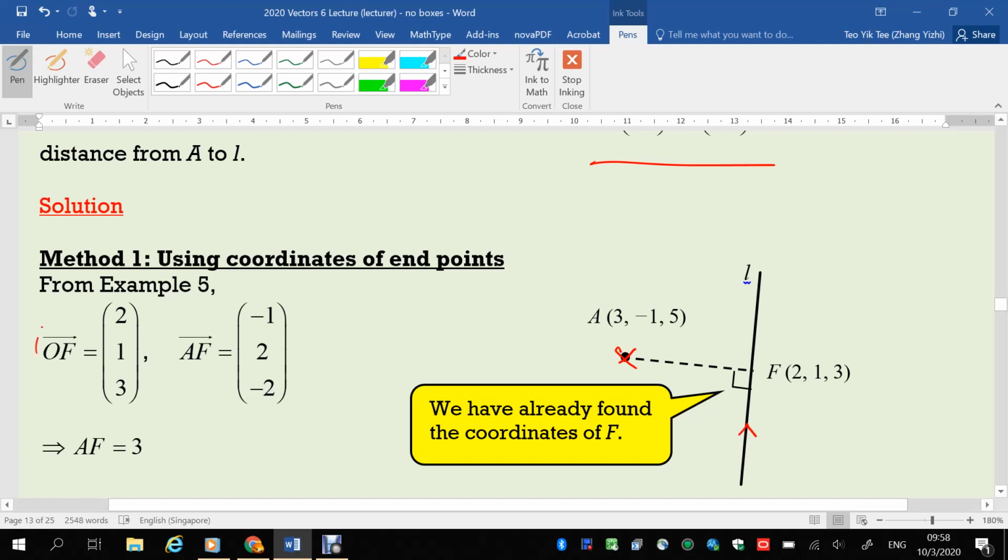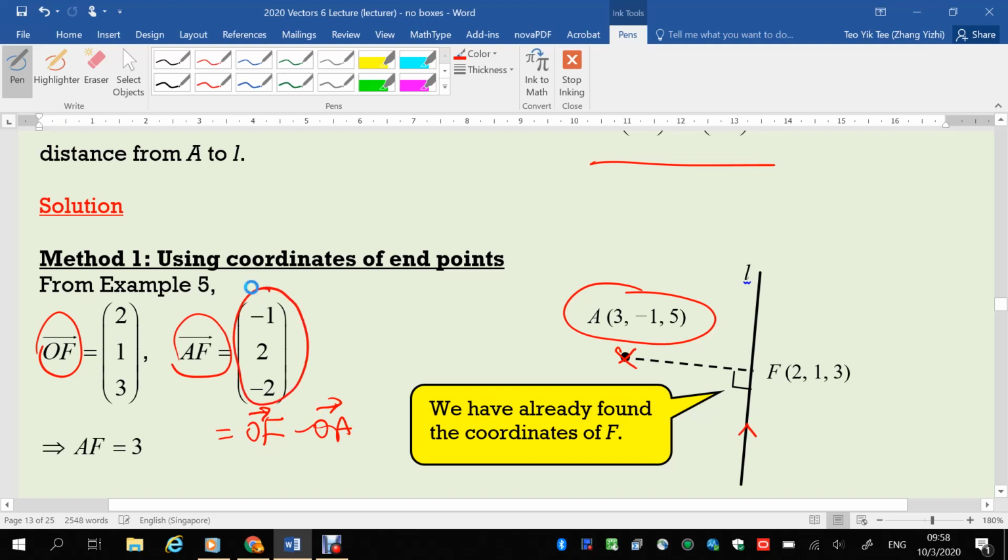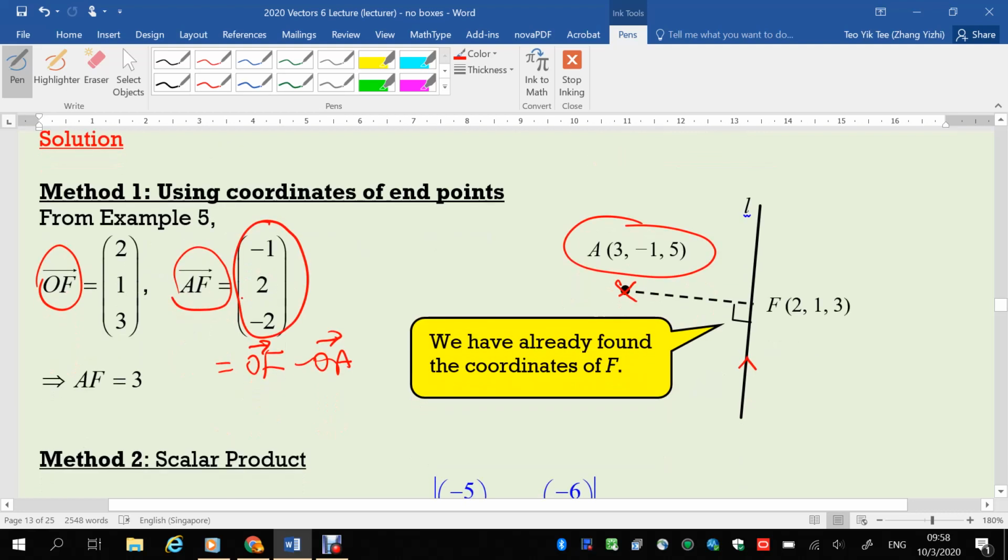If OF is this vector and OA is this vector, you can find AF using OF minus OA, and thereafter find the magnitude of this minus 1, 2, minus 2, and that will be the distance from point A to the line L.